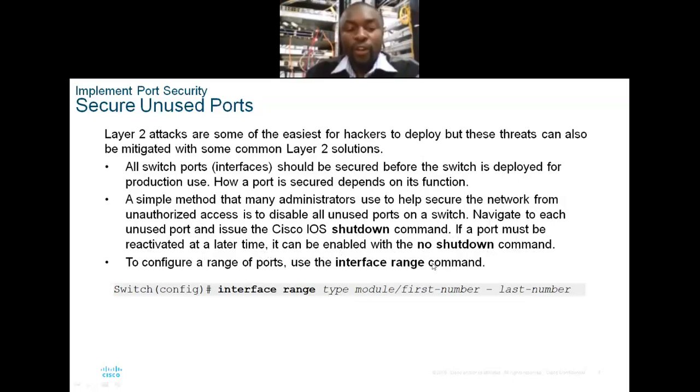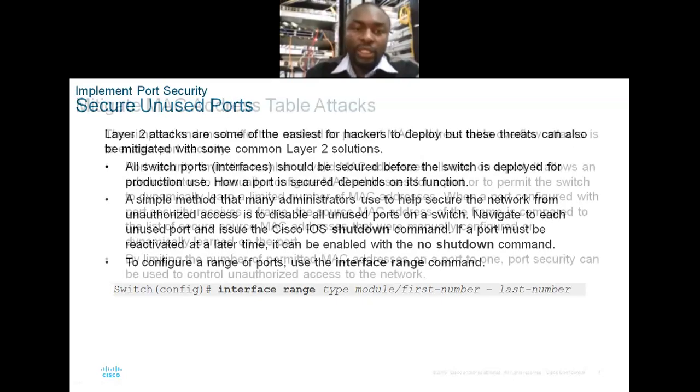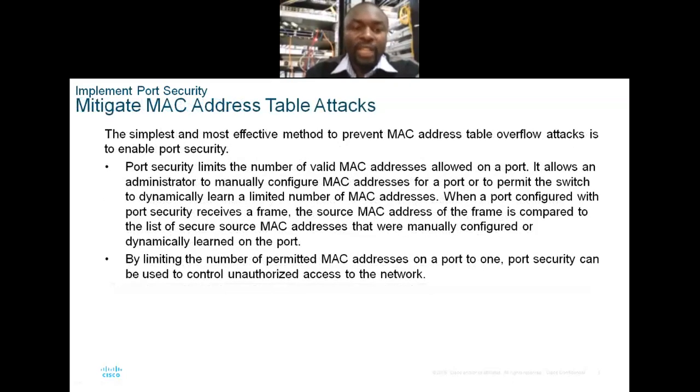To configure a range of ports, just use the interface range command. The point here is that once you have switches on your network and users can connect to them, make sure that the ports that are free are disabled. This allows only usable ports to be active.